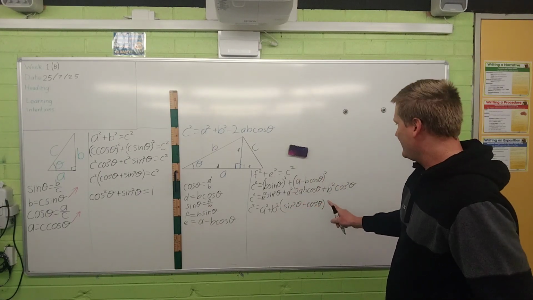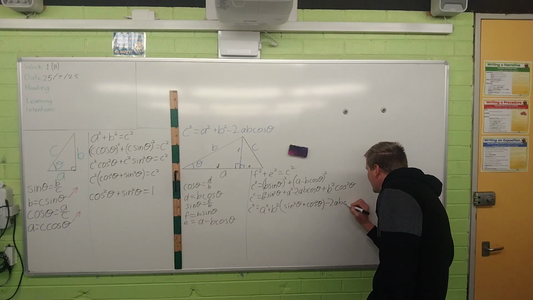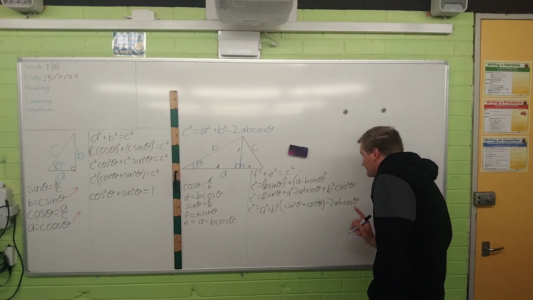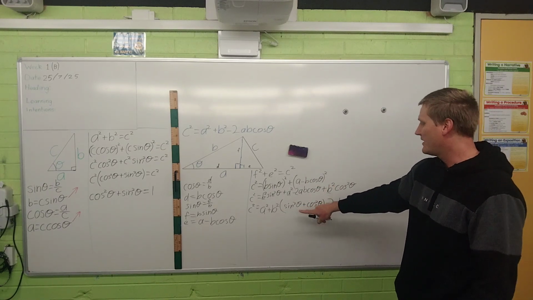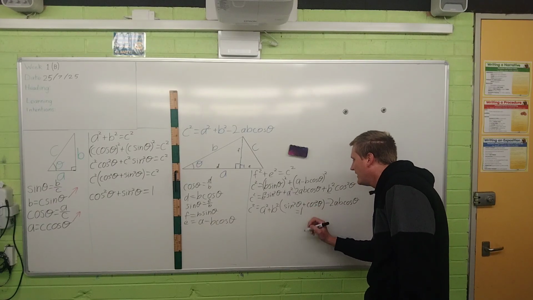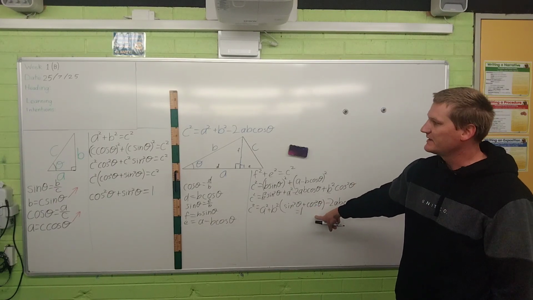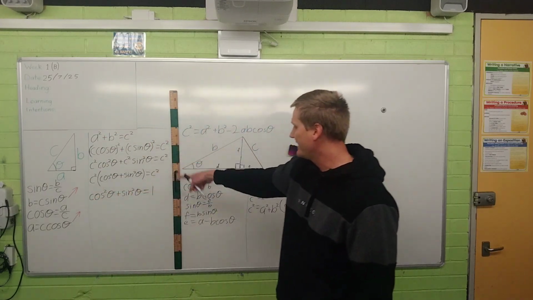Now, why we've done that, this term minus 2ab cos theta, is because sine squared theta plus cos squared theta actually just equals 1. And we covered that in a previous lesson. I've done the working out here if you want to revise why that is.